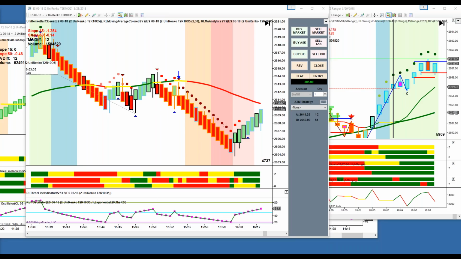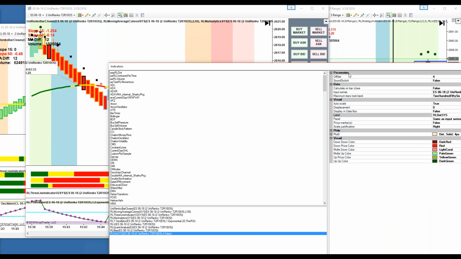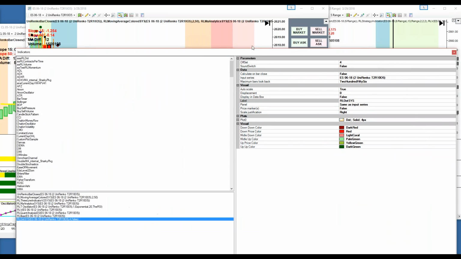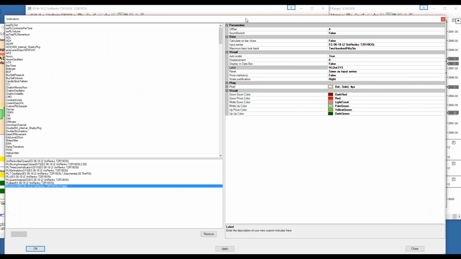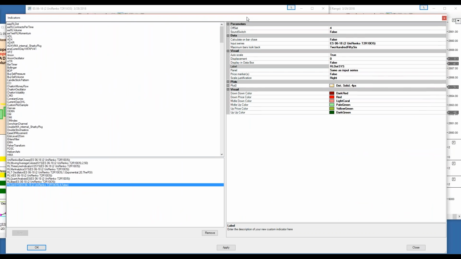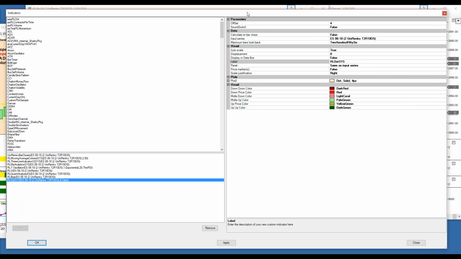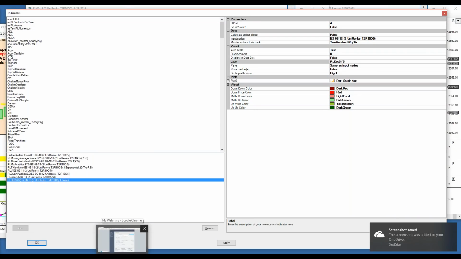Let me see what I did with those dots. See, yeah, I did. You know what I'll do? I'll take a screenshot. It took me a long time to figure out these colors, and I'll have that sent out too. Let me hit print screen. Let me just do this really quickly so I don't lose it.